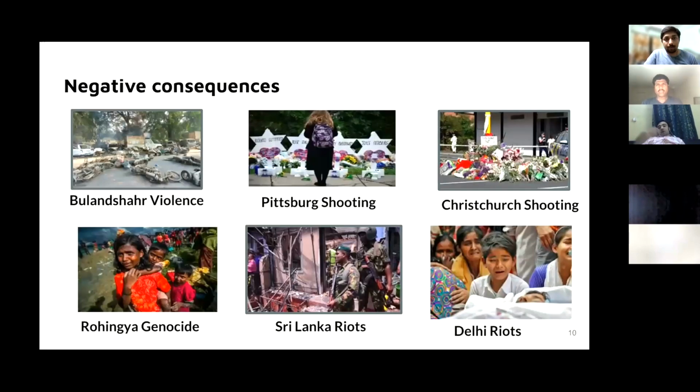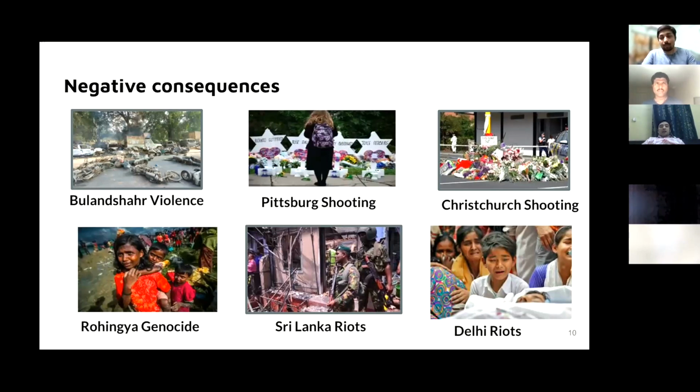Okay, so I think my learned audience will not require motivation regarding the negative consequences that hate speech and similar abusive behavior in the online world has brought to the offline world.